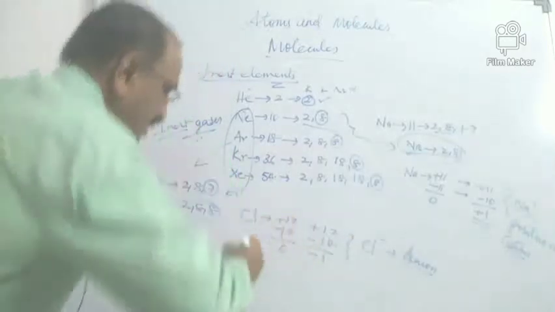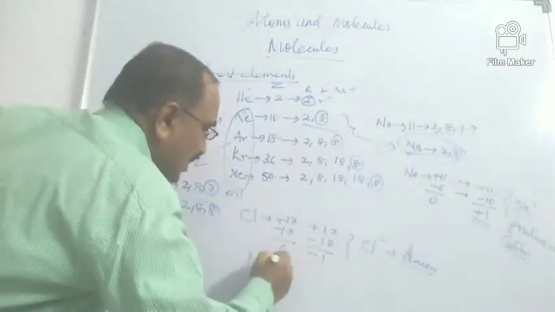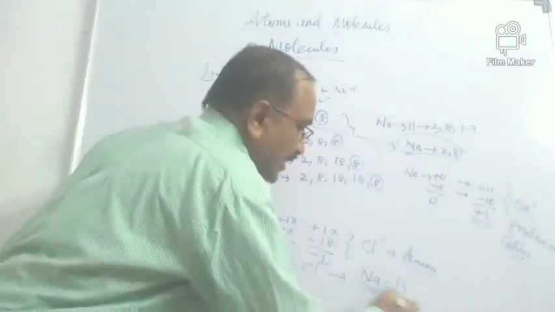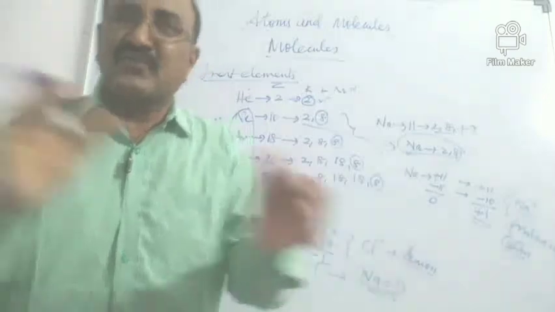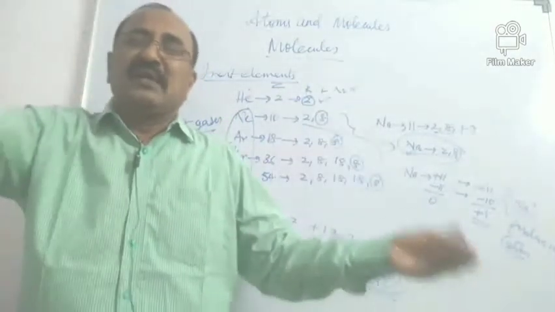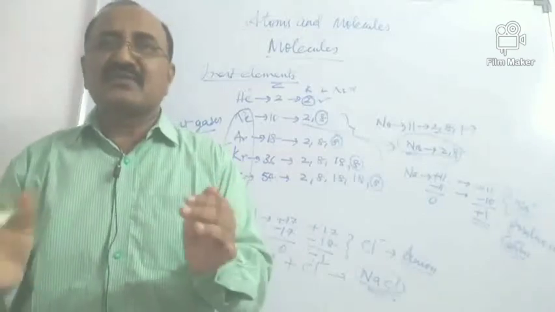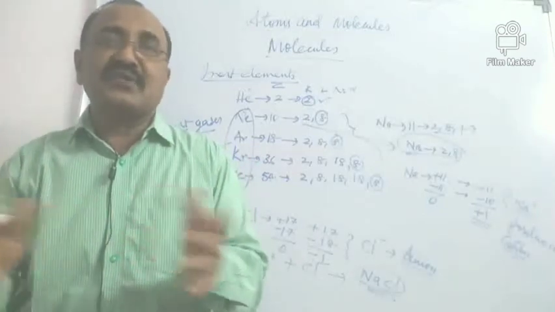Say if sodium and chloride ions come closer and combine, that results in the formation of a unit called sodium chloride. This is our common salt. The sodium ions and chloride ions combine and form a large complex structure, which is called a crystal lattice, for your information.